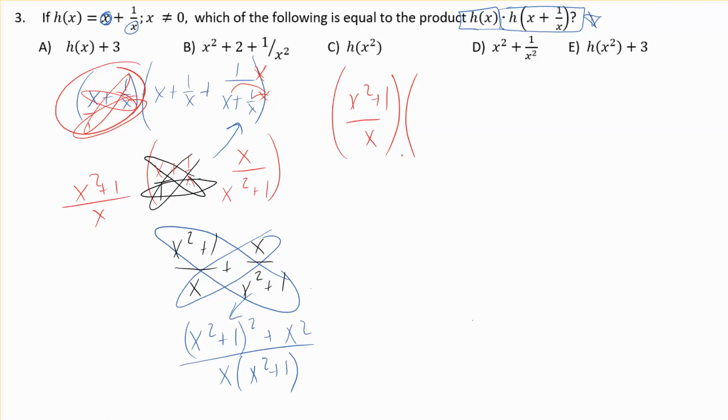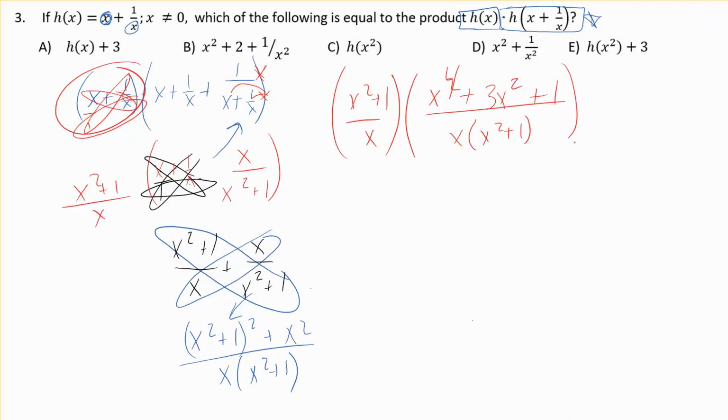Now inside of there I've got, and I'm going to go ahead and do this like term stuff right away, x to the 4th plus, I'm going to have 2x squared plus this x squared. I'm going to go ahead and call that 3x squared plus 1 over x times x squared plus 1.